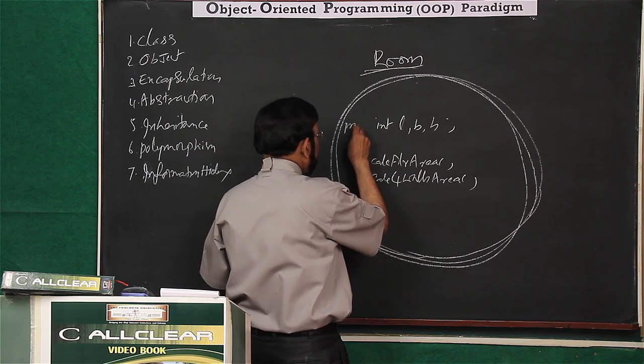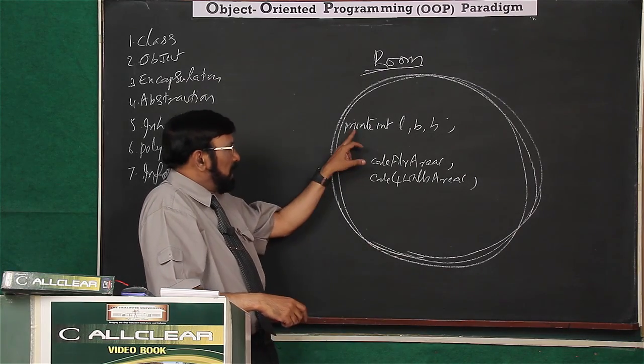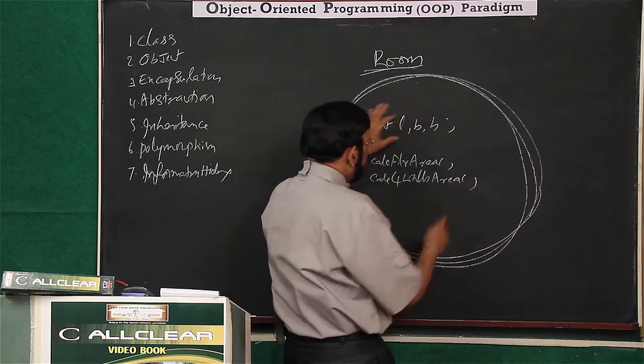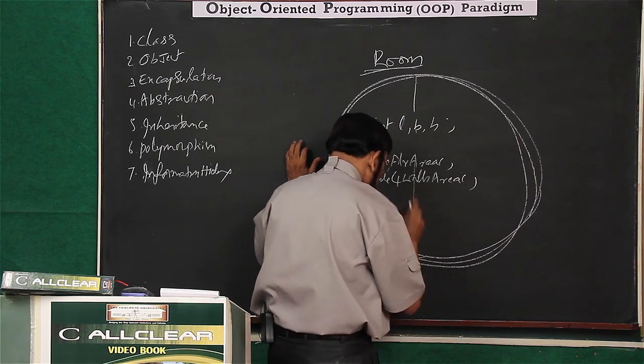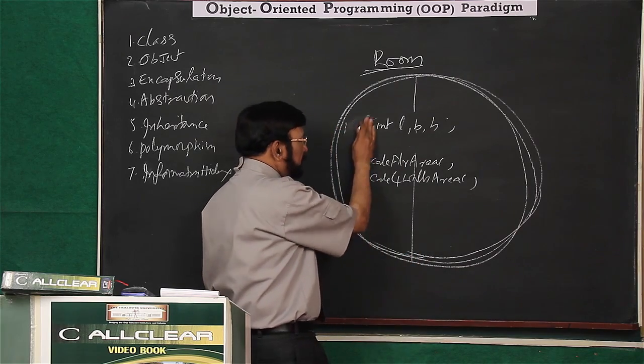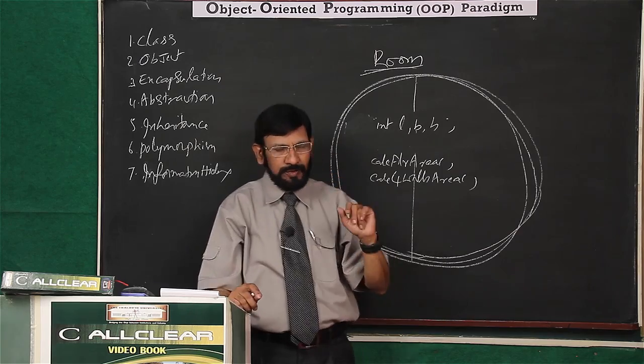Second proof. Suppose you make them private, don't bother about the other details. If you want, you can make them private. Private means these data items are accessible within this body only, not from outside. Suppose you don't make them private, outside elements can access it. If you know programming, you can know that.